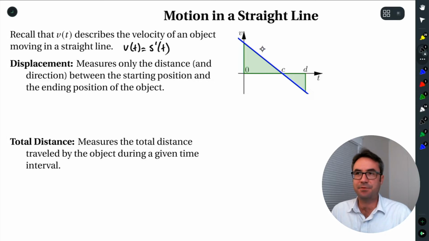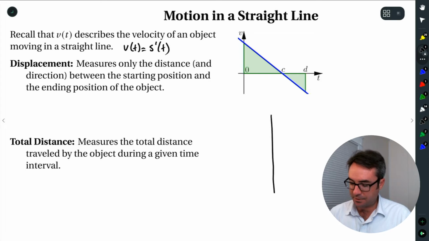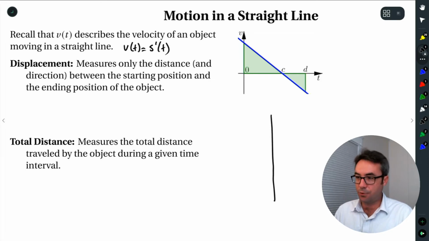We have some object moving in a straight line, and we've graphed the velocity function. It's a nice linear velocity function, just to make it easy for our little discussion. Let's actually have a little diagram going for our object that's moving around.